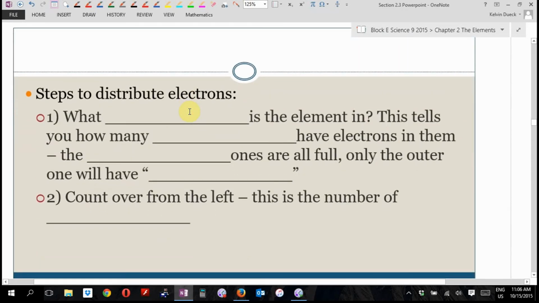If you want to distribute electrons, and you'll need to do this, but we'll practice this a lot. First thing you want to figure out is what row it's in. And remember, another word for row is period. This tells you how many shells there are.